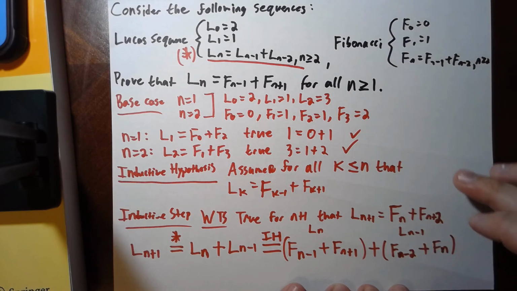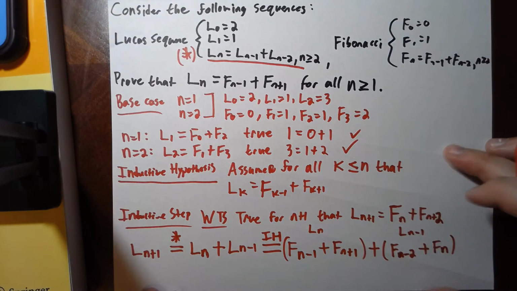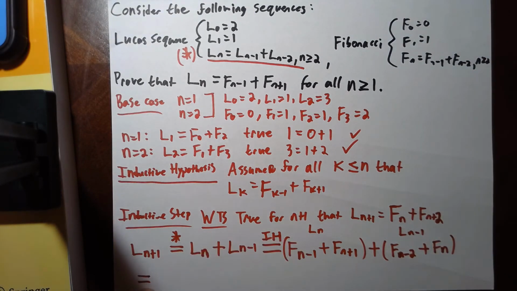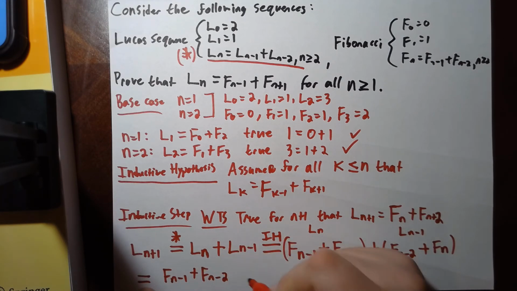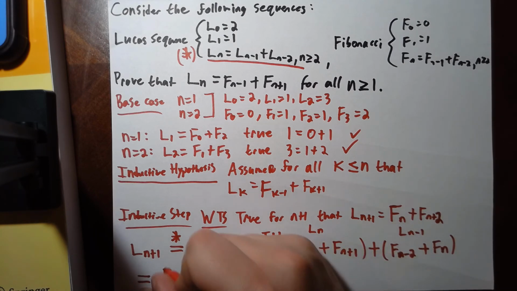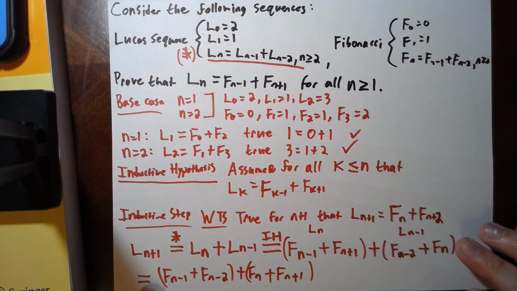Now, here's what I'm going to do. I'm just going to rearrange this sum. I'm going to say this is just equal to f of n minus 1 plus f of n minus 2 plus f of n plus f of n plus 1. So I just regrouped my sum.